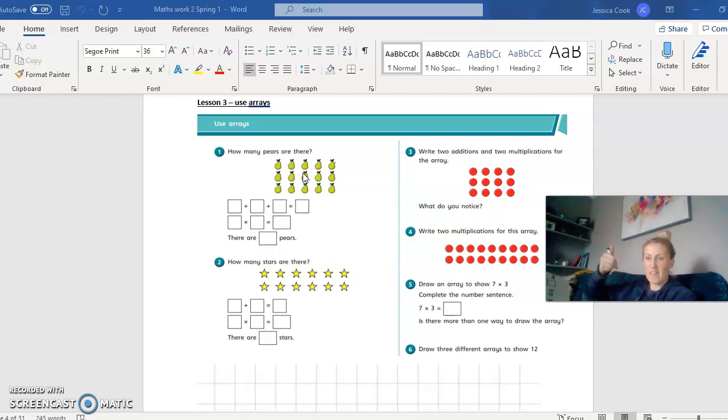And I know that 5, 10, 15 is 3 groups of 5. So I'm going to put a 15 there. So I know that this sentence here must be 15. There are 15 pairs. So I'm going to write 15 there.